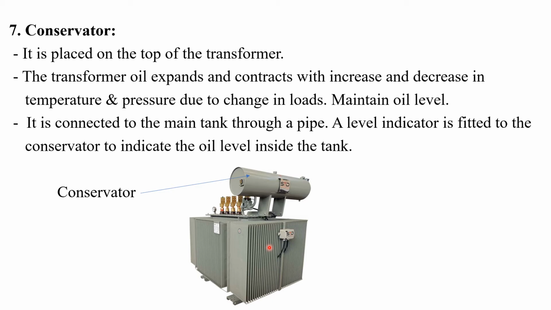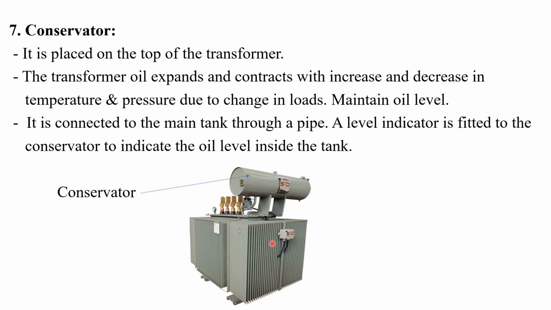The expansion means they may expand or contract due to the change in load. When load changes, that may lead to change in the pressure and temperature inside this transformer oil. That will lead to the expansion and contraction of this transformer oil.